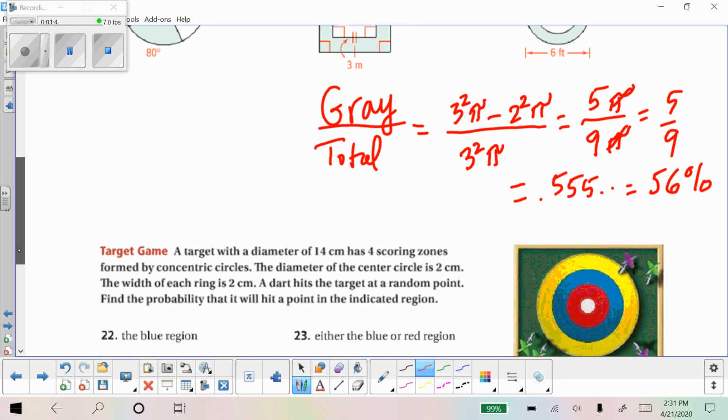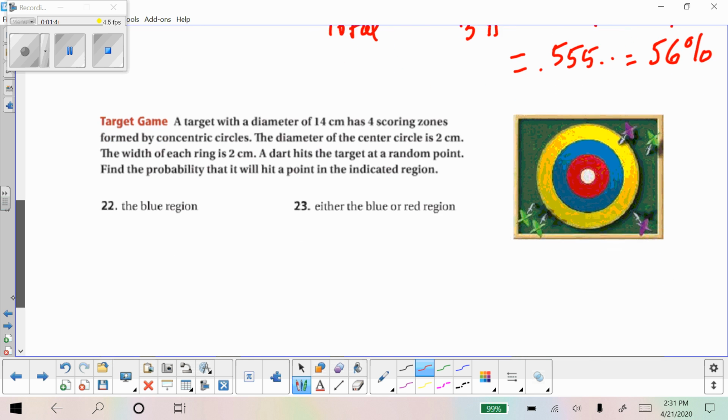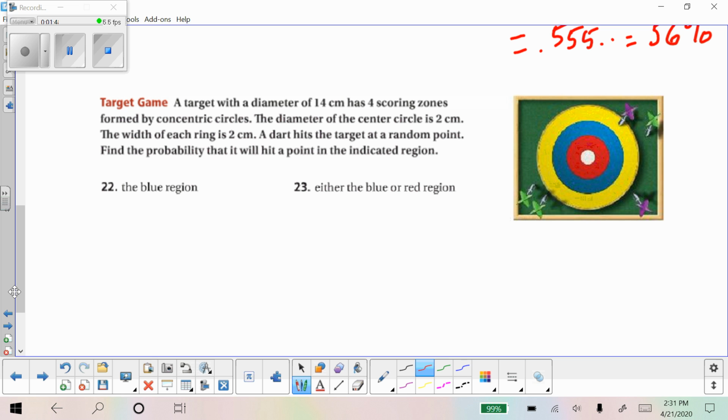All right, the next one we want to talk about is number 22. It says find the area of the blue region, and the blue region is that region right there. It's kind of similar to the last problem. We need to find the area of the blue region divided by the total.